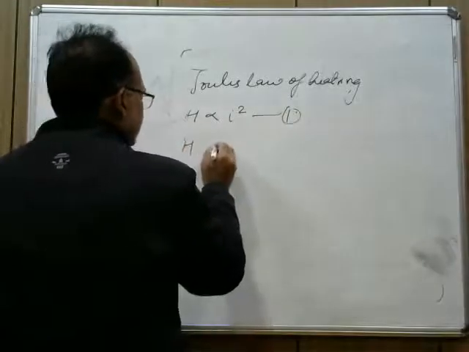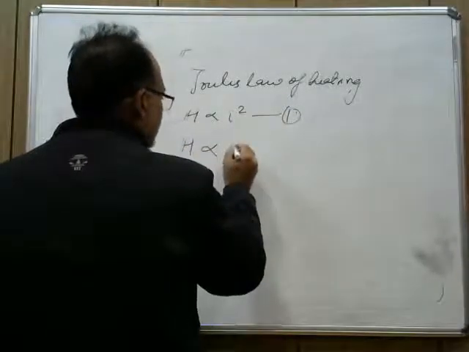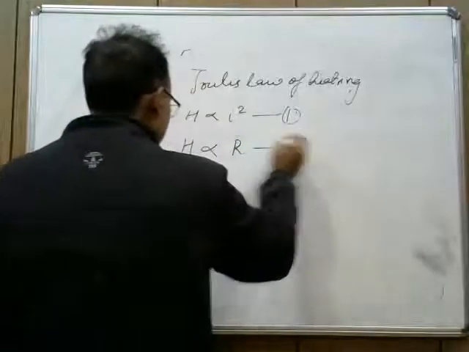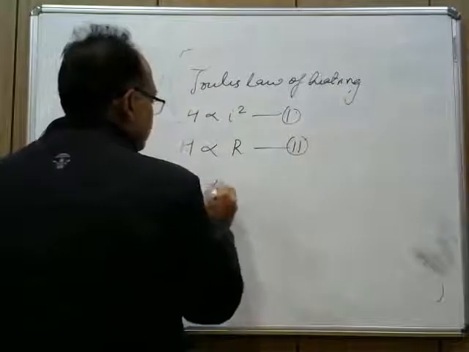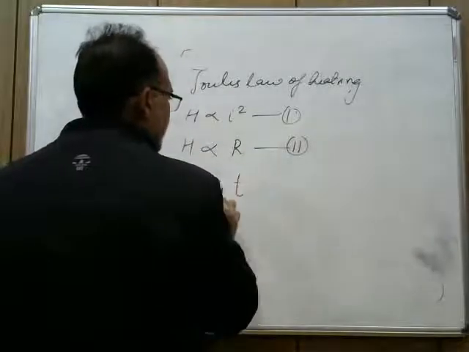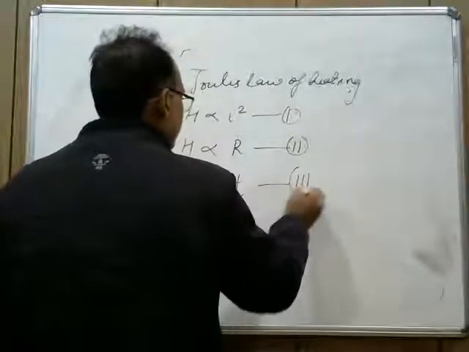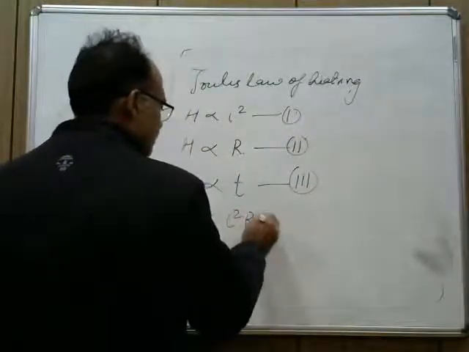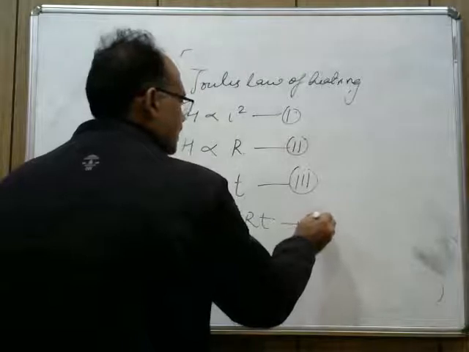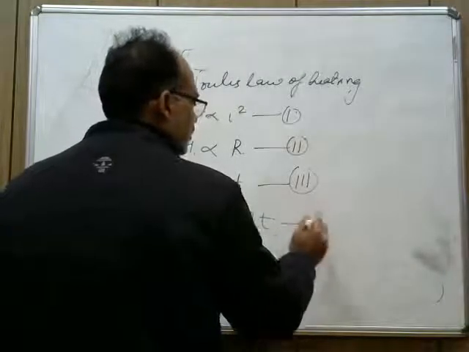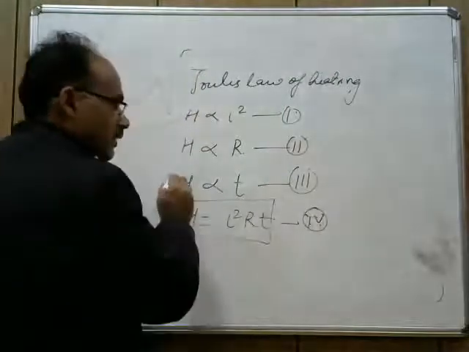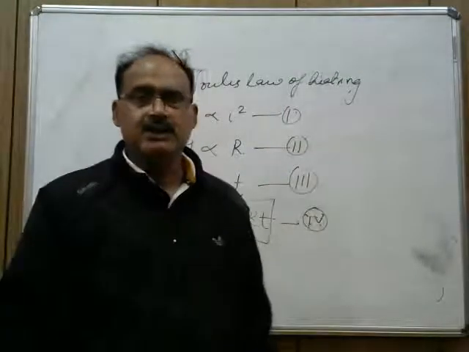Second, heat generated is proportional to resistance R, and heat generated is directly proportional to time t, and we can write by combining this, I square RT. This is the fourth expression, and this is the basic expression of Joule's law of heating.